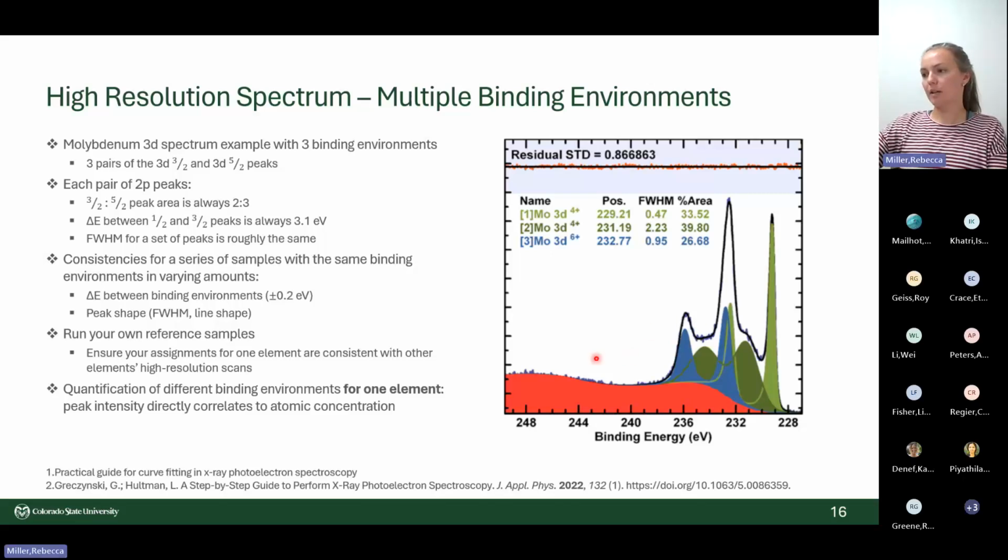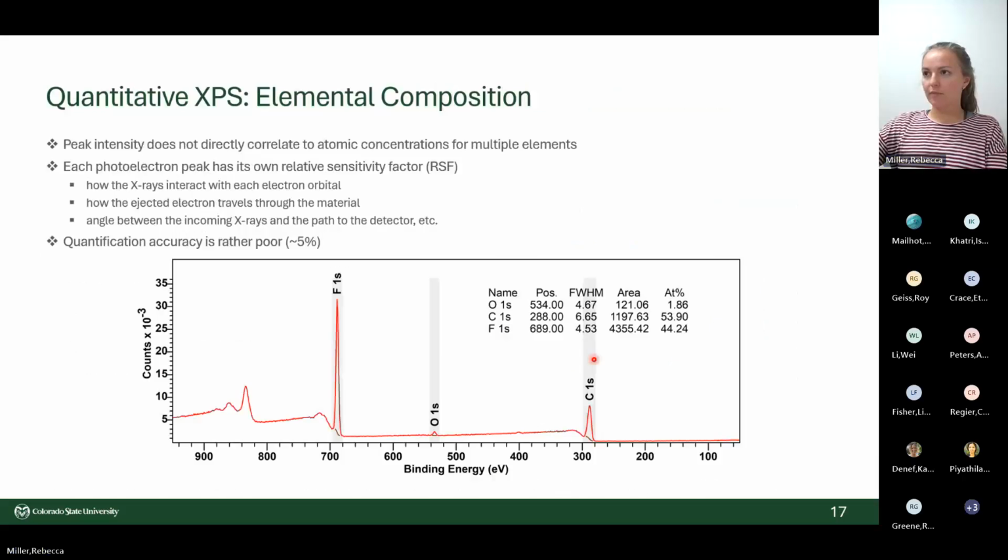But as soon as you start comparing different elements to one another, then the area does not correspond, and you have to use what's called the relative sensitivity factor to get to atomic percentage. Anecdotally, you can see from this survey spectrum that the area under these peaks and the atomic concentration are not directly proportional. Fluorine has the biggest peak, but it's not the major component from the calculation.